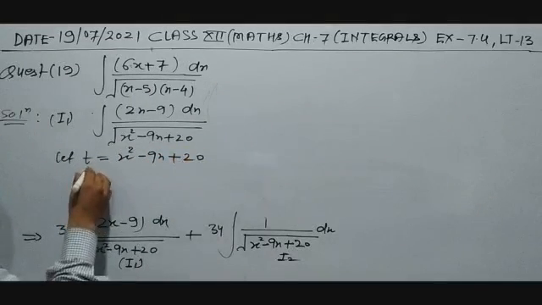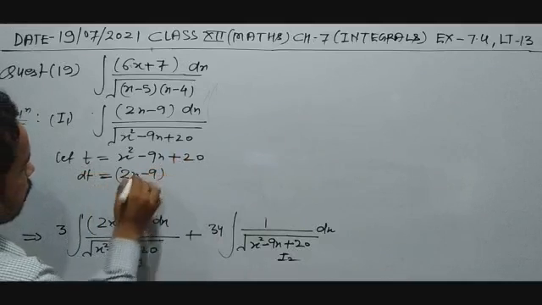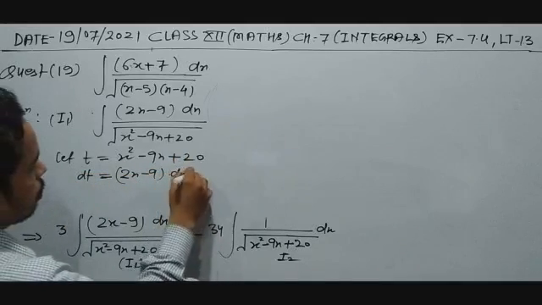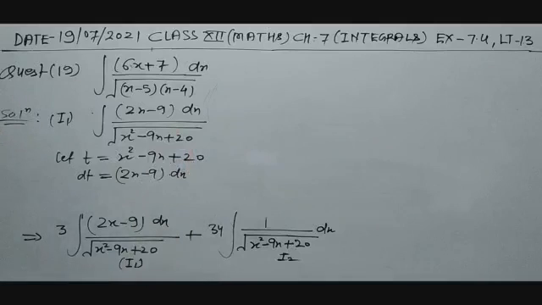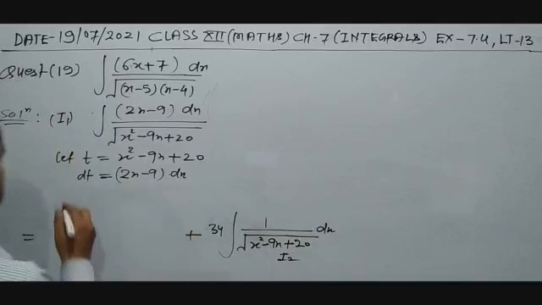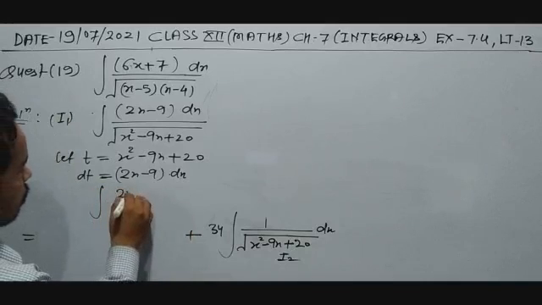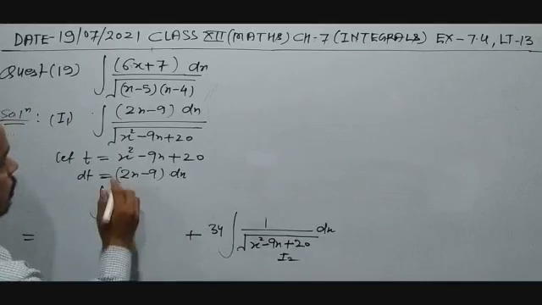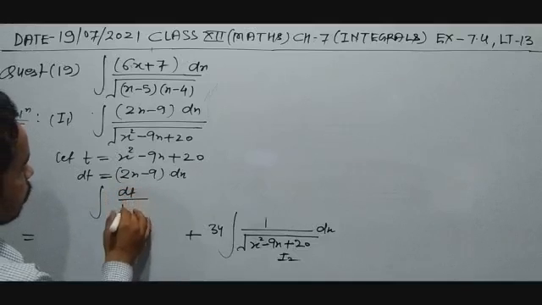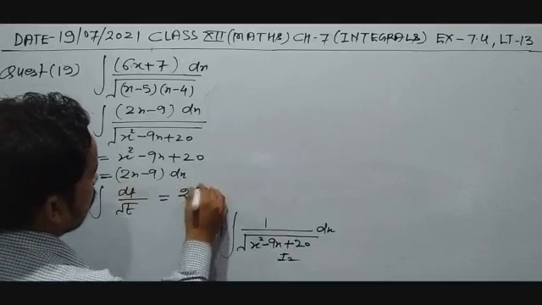This implies dt by dx is equal to 2x − 9, so (2x − 9) dx will convert into dt. So the result will be the integral of dt upon root over t, and you know its integral is 2 times root over t.